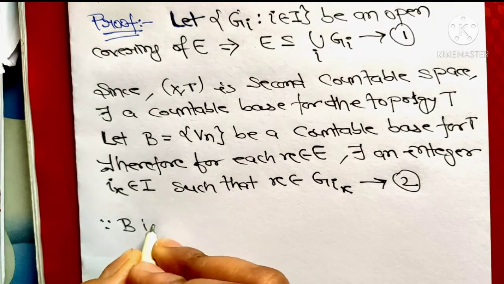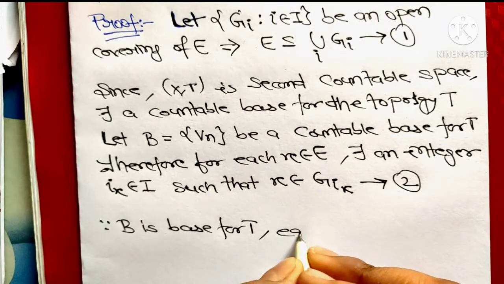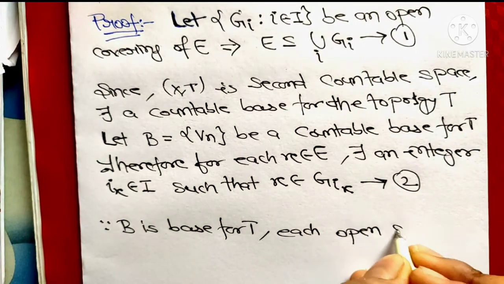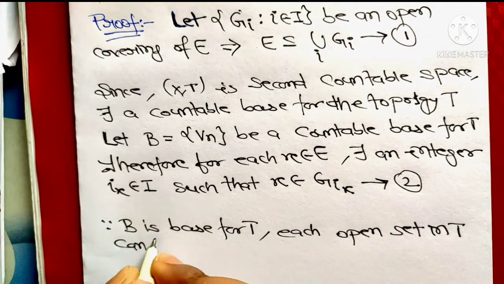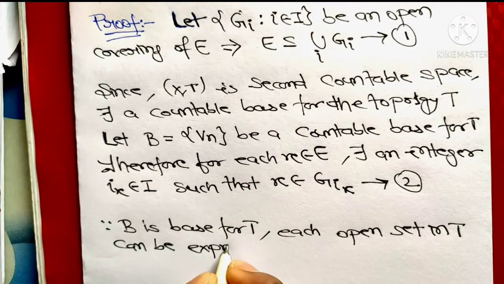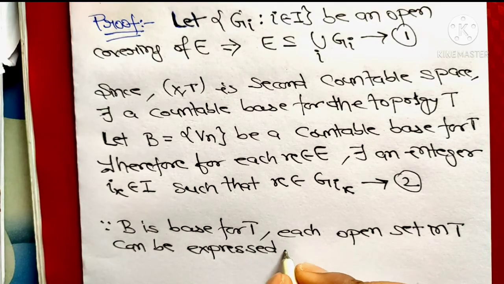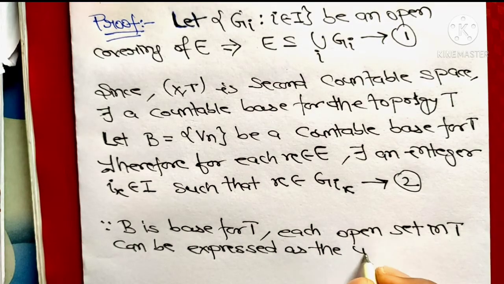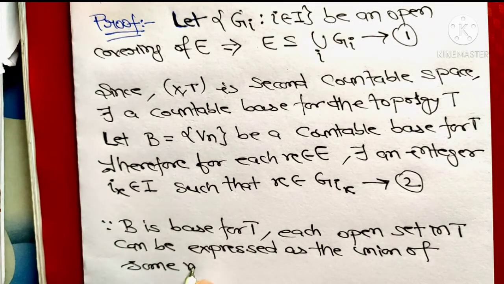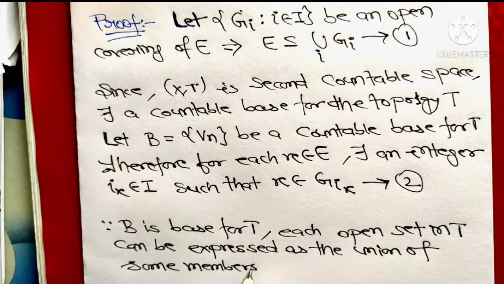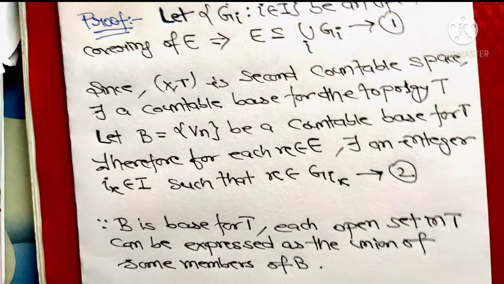Since B is a base for T, by the definition of second countable space, each open set in T can be expressed as the union of some members of B, and B is the family of countable base for T.